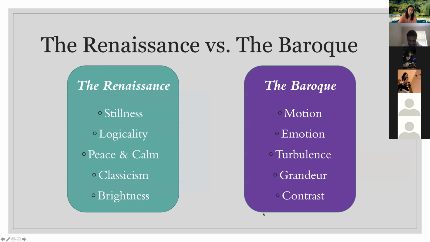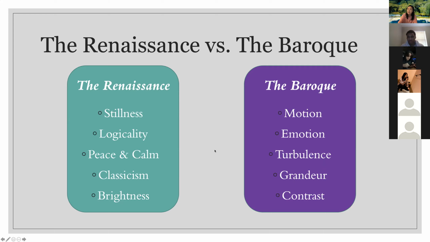So, the conclusion: Renaissance art shows stillness, logicality, peace and calm, classicism, and brightness. And Baroque art shows motion, emotion, turbulence, grandeur, and contrast.